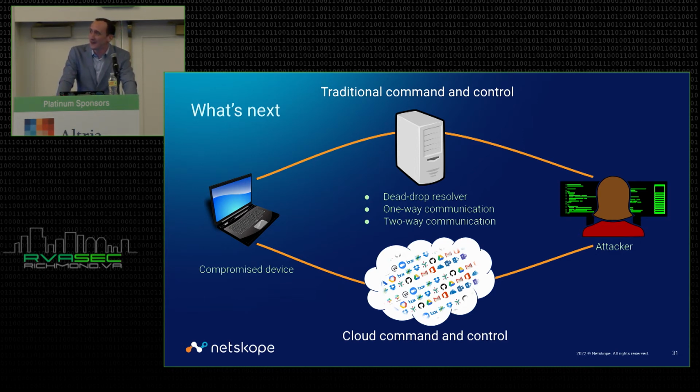But the fact that it's an attacker-controlled server, and it's been that way for a long time, means that we've gotten pretty good at detecting and protecting against that stuff, right? We have DGA detection algorithms where we can identify DGA domains and block them proactively. A lot of those top-level domains, you can just block them.